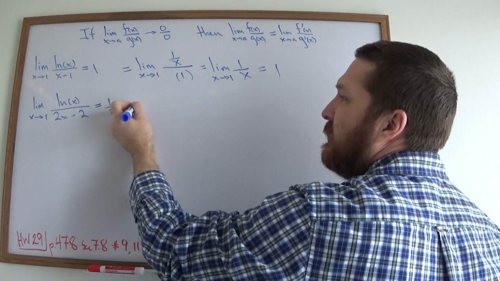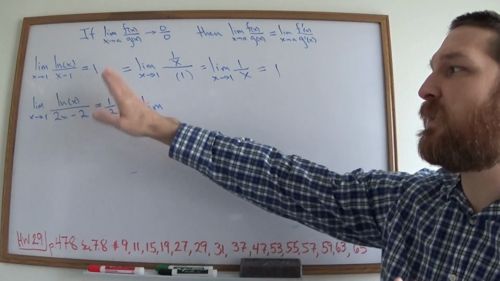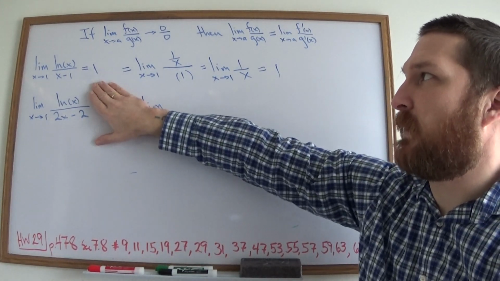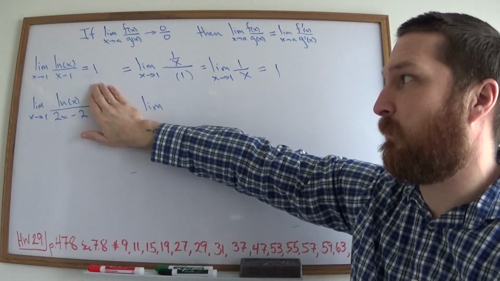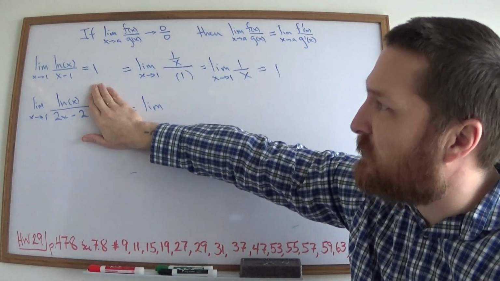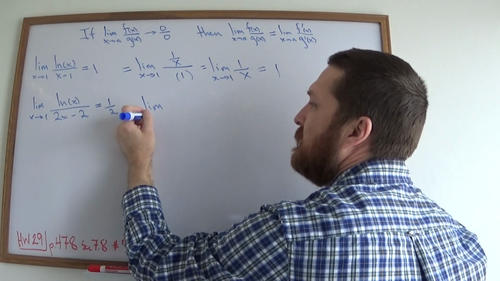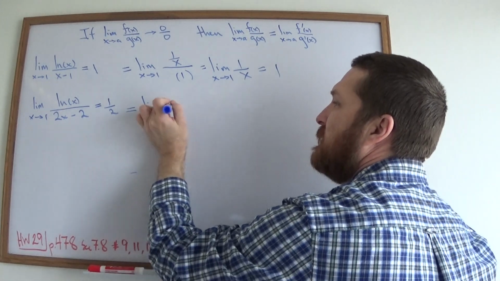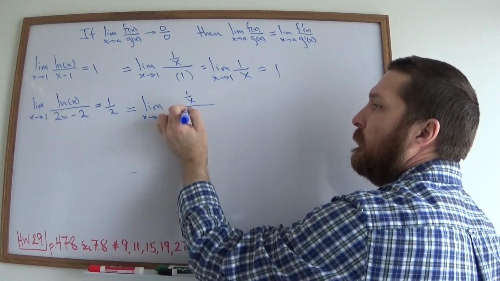Let's try it here. This should be the same thing as, and because it goes to 0 over 0, right? And you'll see this is important. It has to do this, otherwise it ain't gonna work. But because it looks like it's approaching 0 over 0, then this tells me that it should be the same as, okay, so what's the derivative of the top? 1 over x, over 2.